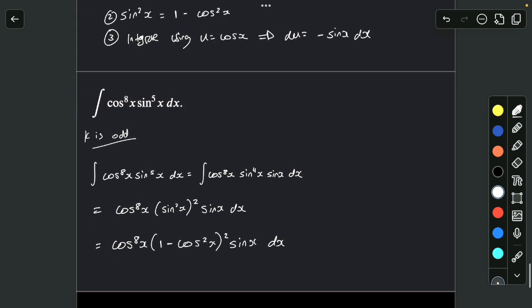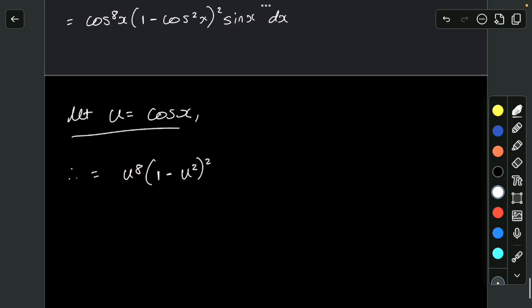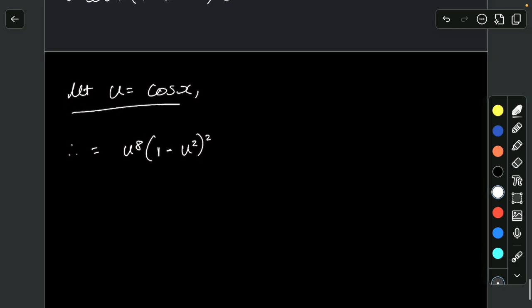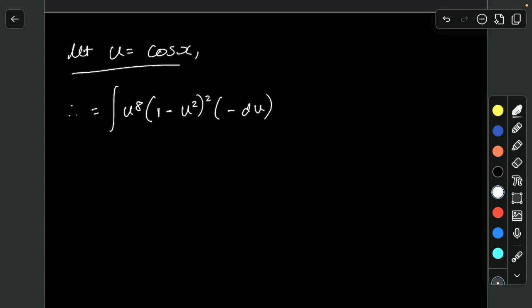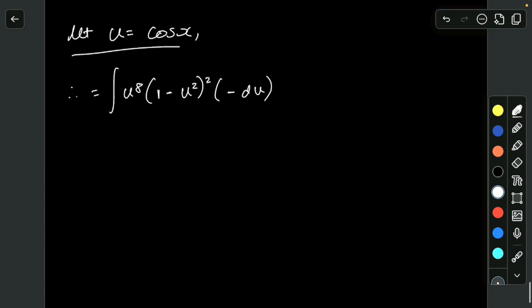Well, negative du is equal to sin x dx. So therefore we can use that to say we're going to have u^8 times (1 minus u^2) squared times minus du. Of course, remember this is an integral, so we've got that there.